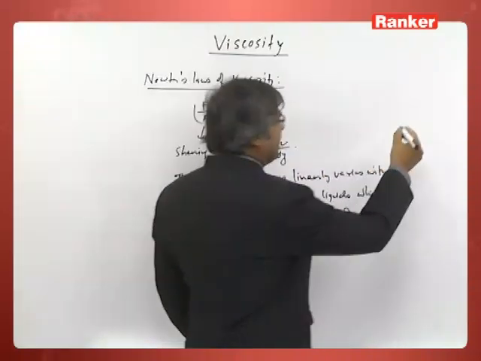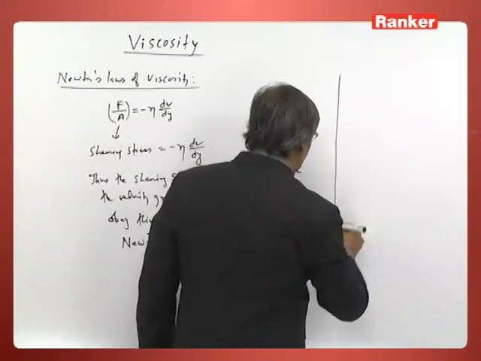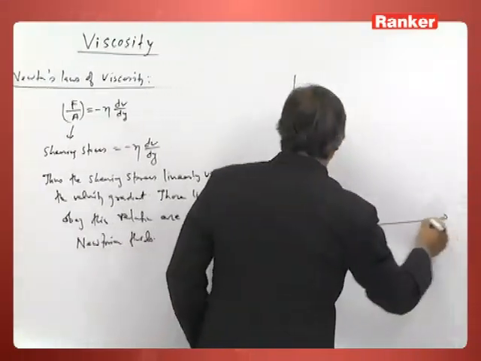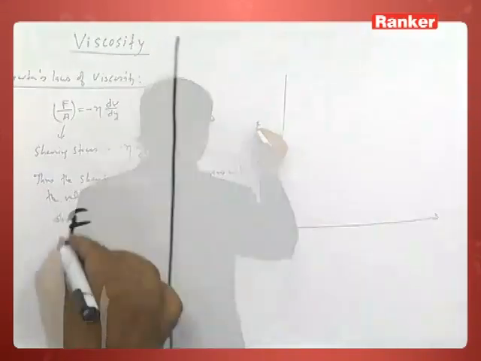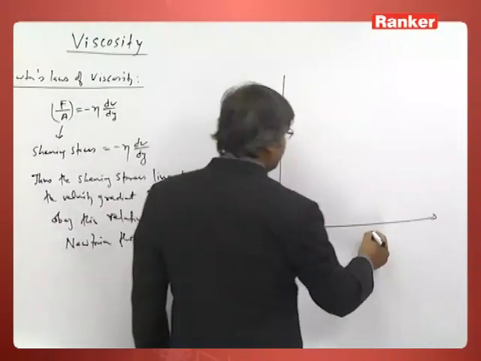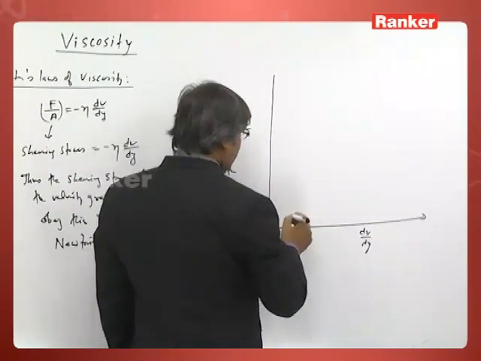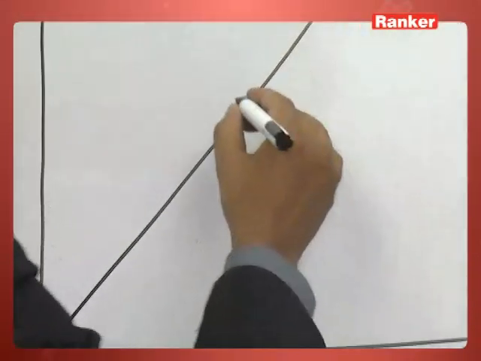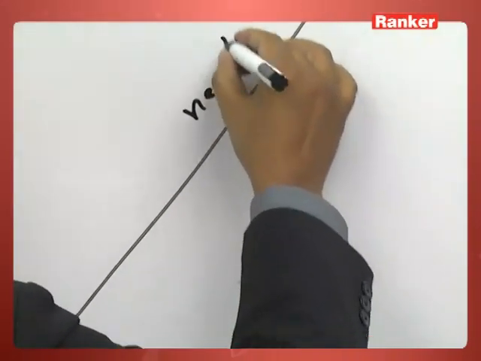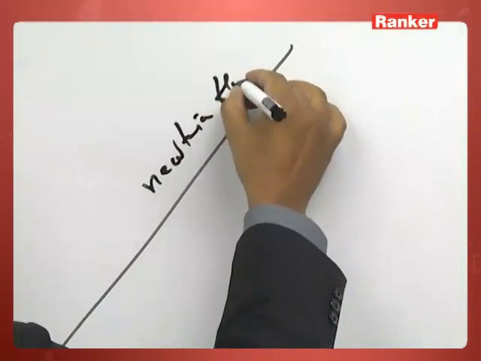So, you see this linear relationship in the form of a graph. Here is F by A, the shearing stress, and here the velocity gradient. If this graph is linear, this will be a Newtonian fluid.